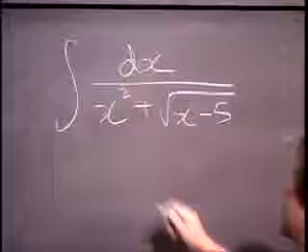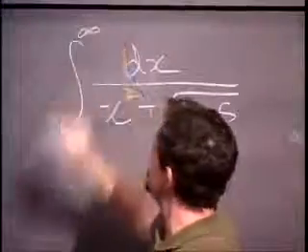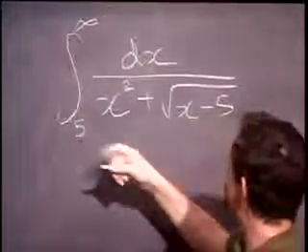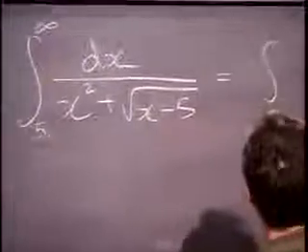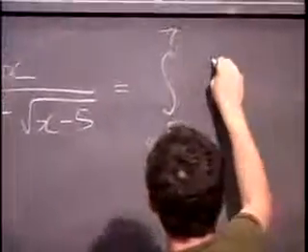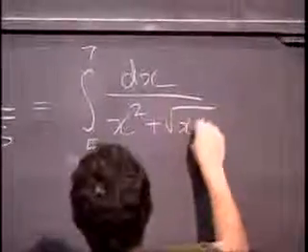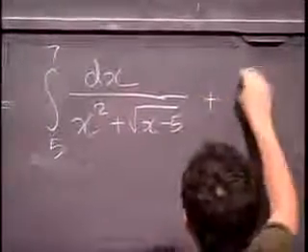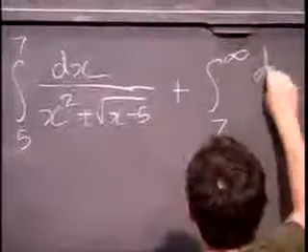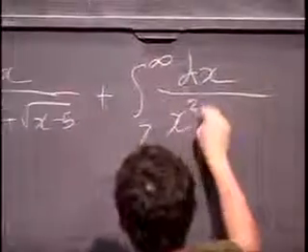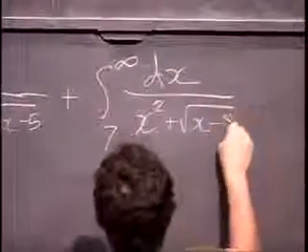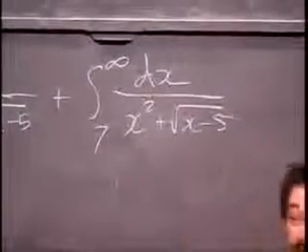So the best I could do is from 5 to infinity. Now, if you split this up into two pieces, one might be from 5 to 7, say, and the other one might be from 7 to infinity, although the number 7 is at your discretion. It just has to be bigger than 5.